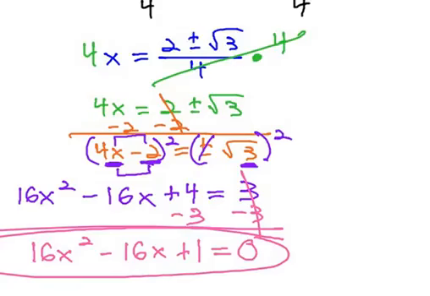Let's try another example where we do this exact same process, but this time with complex numbers. Again, we're going to make x equal to this stuff with the minus and plus being shorthanded. So in this case, we have 3 plus or minus 5i over 2. And again, we want to get rid of the fraction.